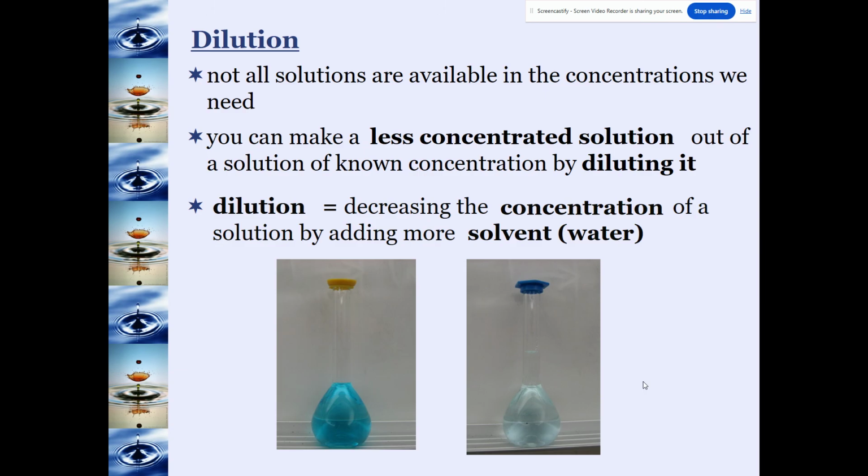Now, it's important to note that the amount of solute I have remains the same. So for example, let's say I'm starting with a solution and this is my volume and there's 10 moles in there. 1, 2, 3, 4, 5, 6, 7, 8, 9, 10.